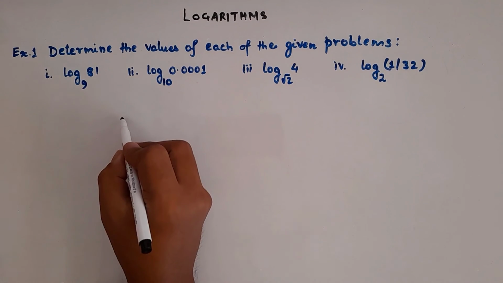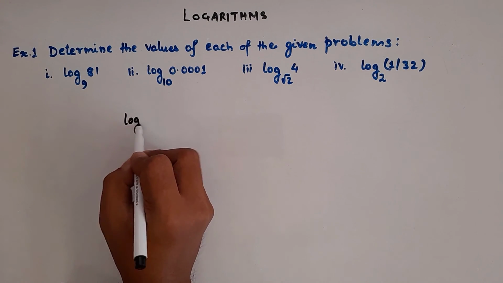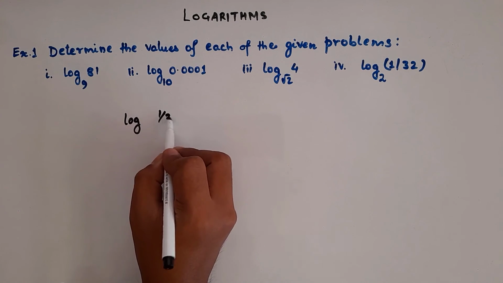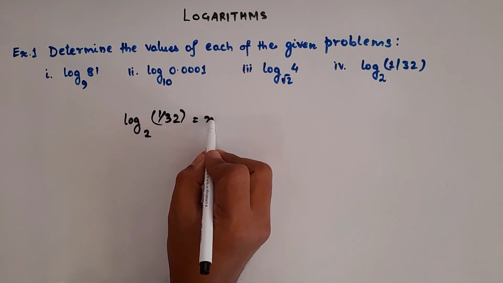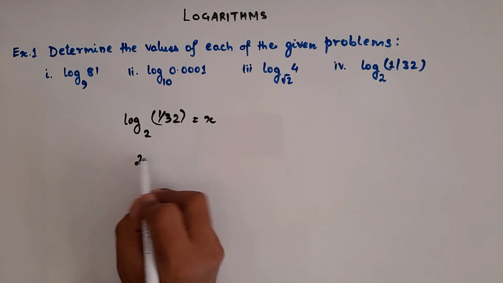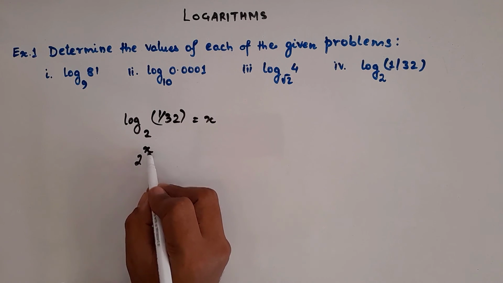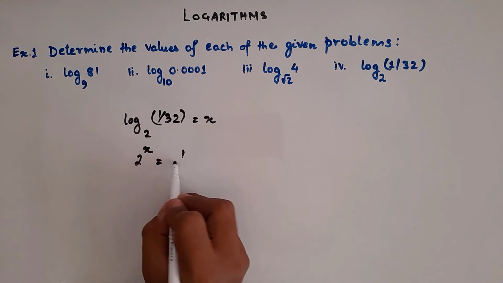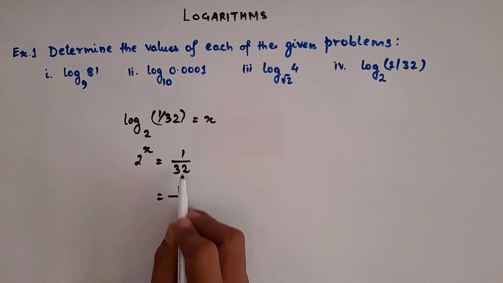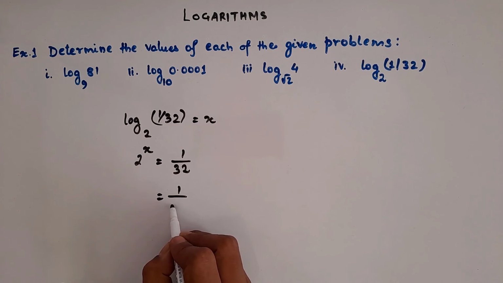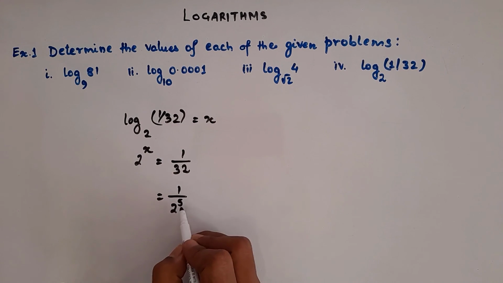So we have logarithm of 1 over 32 to the base of 2. Let this be equal to x, such that if we use the definition, we have 2 raised to the power of x, that will give us 1 over 32. Now the 32 in the denominator is simply 2 multiplied by itself 5 times.